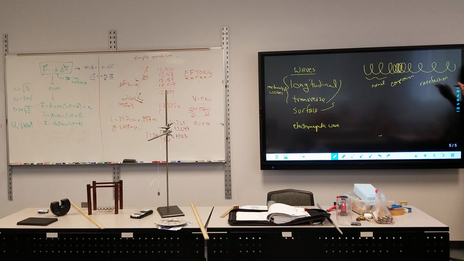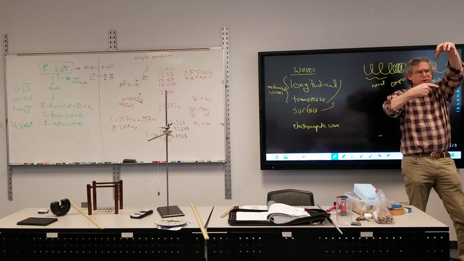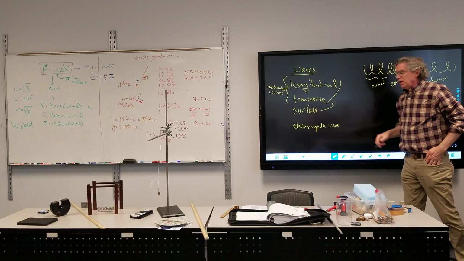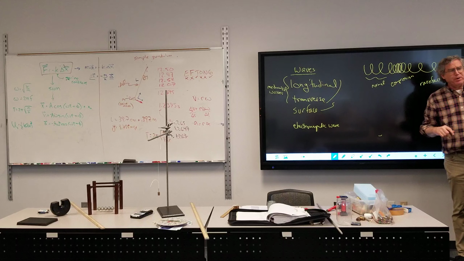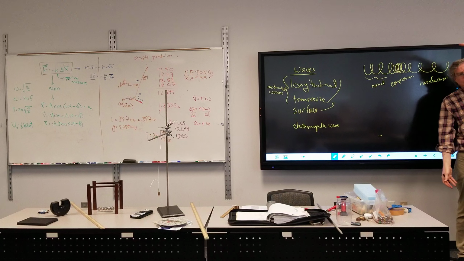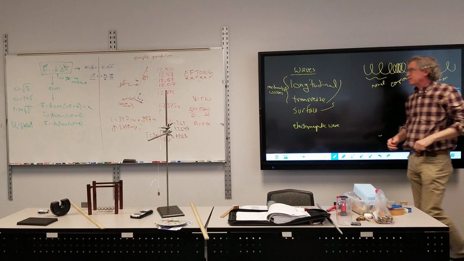So the particles themselves, the coils, in the case of when I had the slinky here, are moving up and down just a little bit, but you see something go all the way down to the bottom and all the way back up. In a longitudinal wave, the particles in the medium, in our case the coils, will move either parallel or anti-parallel to the direction of the wave itself. So the pulse went all the way down, and the coils move along that same axis.